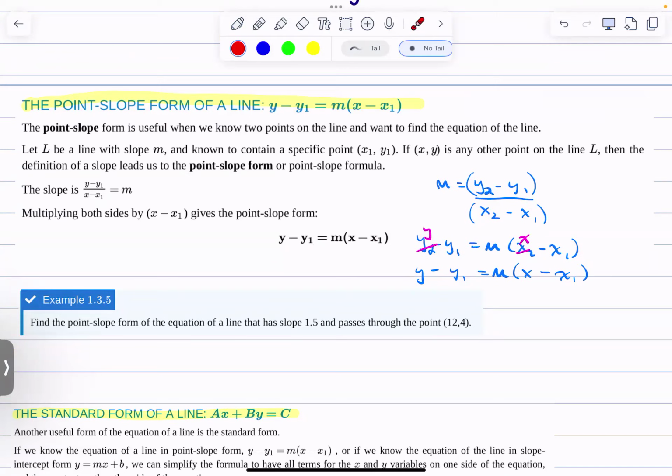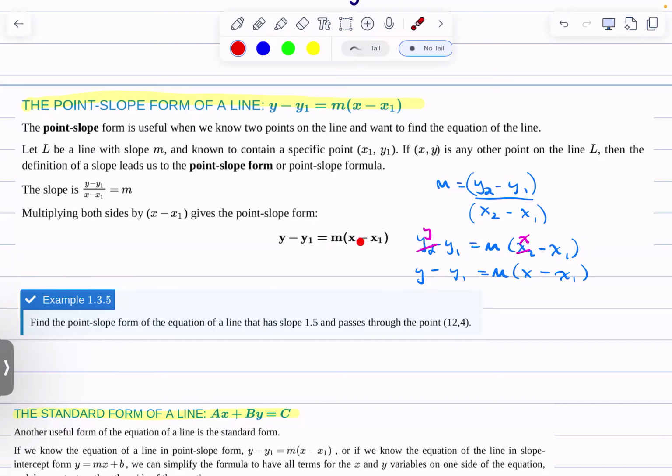This is how we got there, but this is what we're using. What's nice? Well, I need the slope, and I only need one point, x1, y1. If I have those two things, I can just plug those into the equation, and then I have a form of the line.